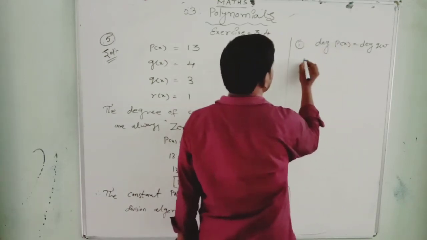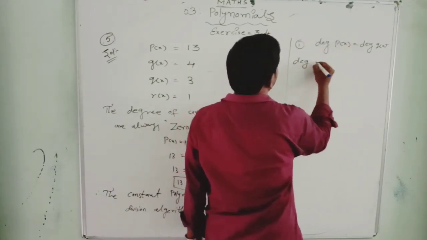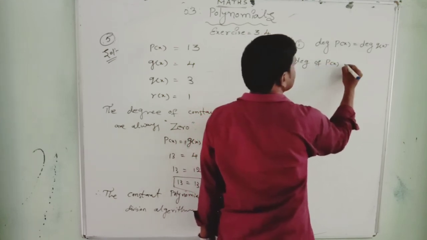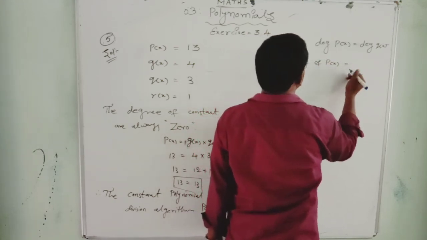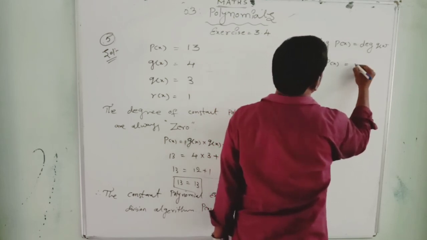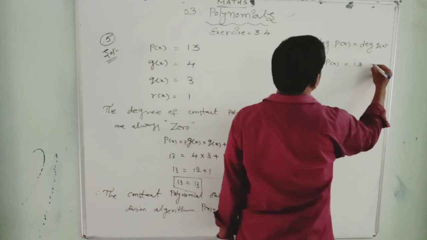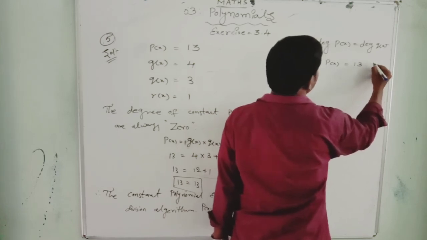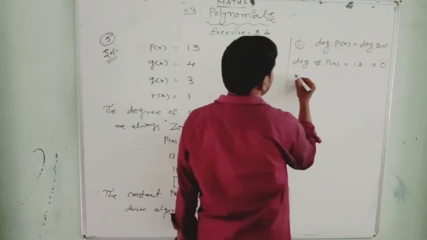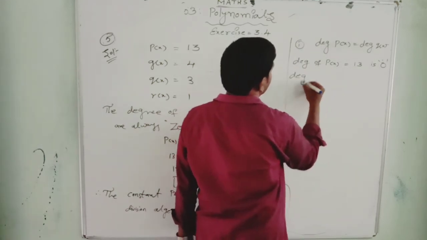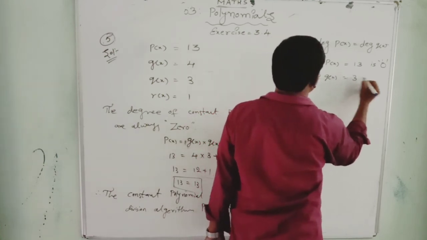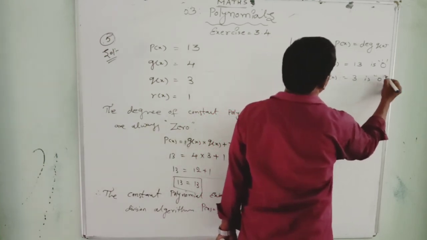Now p of x is equal to 13. The degree of p of x, 13, is 0, and the degree of q of x, which is 3, is 0.